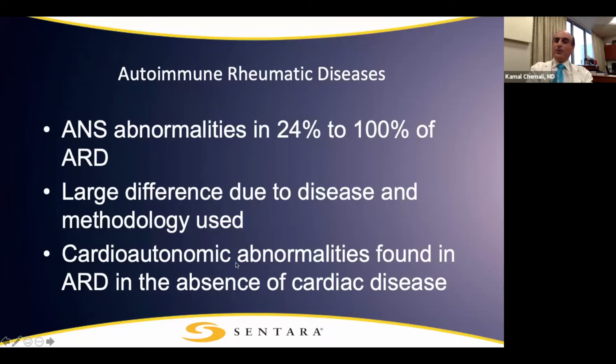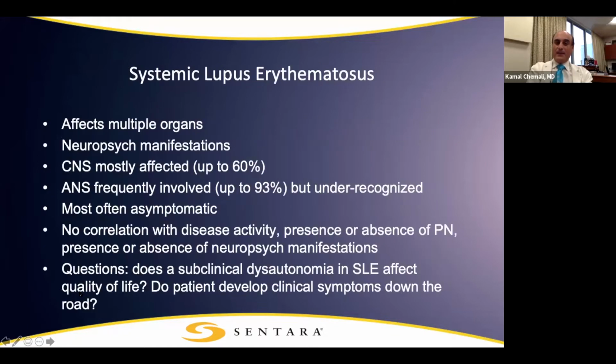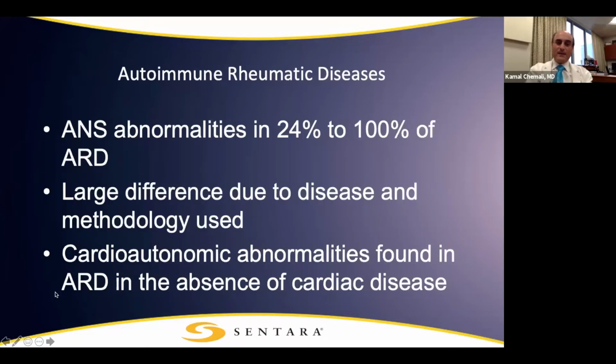But cardio-autonomic abnormalities are found in autoimmune rheumatic diseases in the absence of cardiac disease. This is an important point to emphasize. If you have an autoimmune rheumatic disease, and this is causing you to have a cardiac autonomic problem, like for example, a heart rate variability loss, this does not mean that your heart has a problem and that you're going to die of a heart attack, okay? That's not the case, or congestive heart failure.